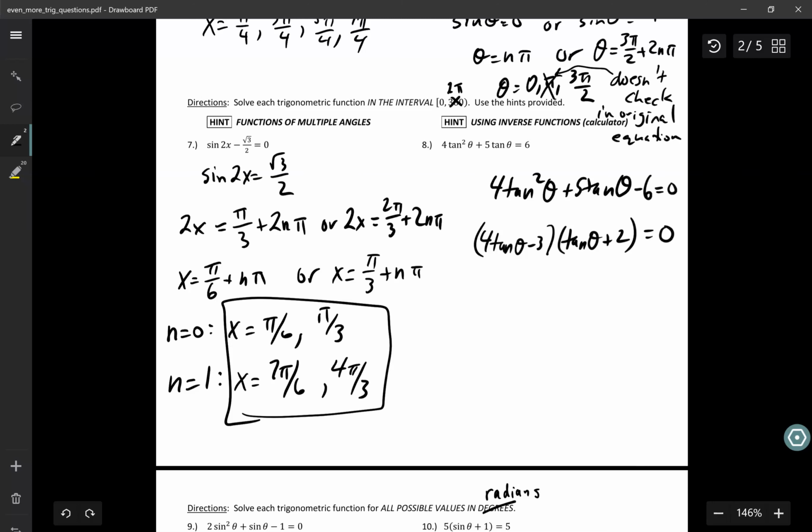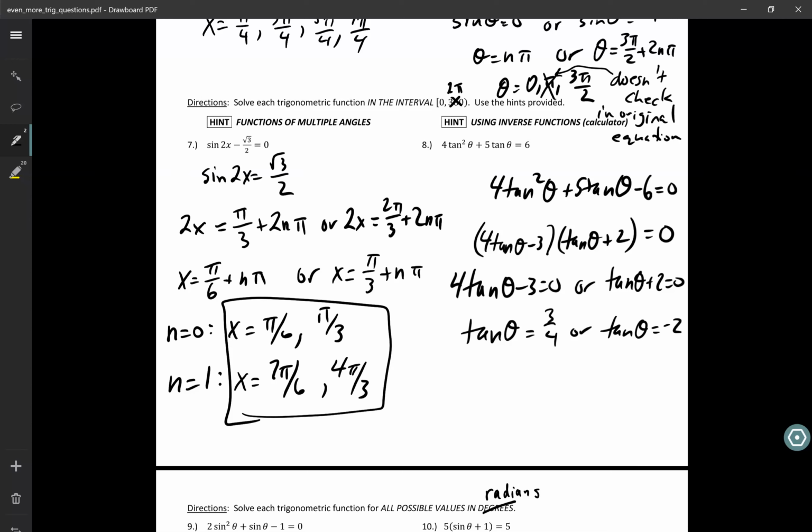So I get 4 tangent theta minus 3 times tangent theta plus 2 is equal to 0. We set each piece equal to 0 and isolate. So we have those 2 equations we need to solve.